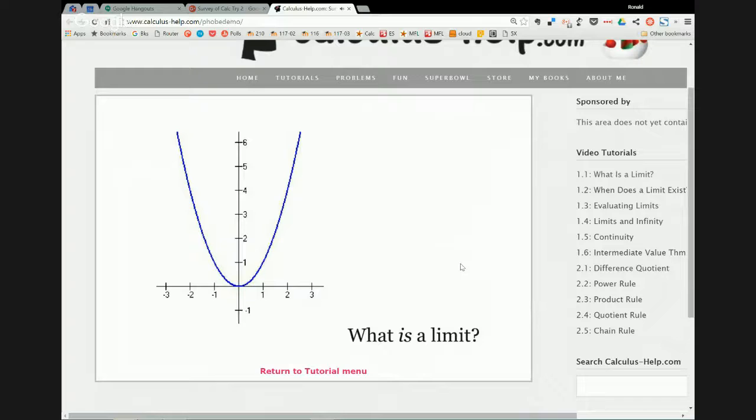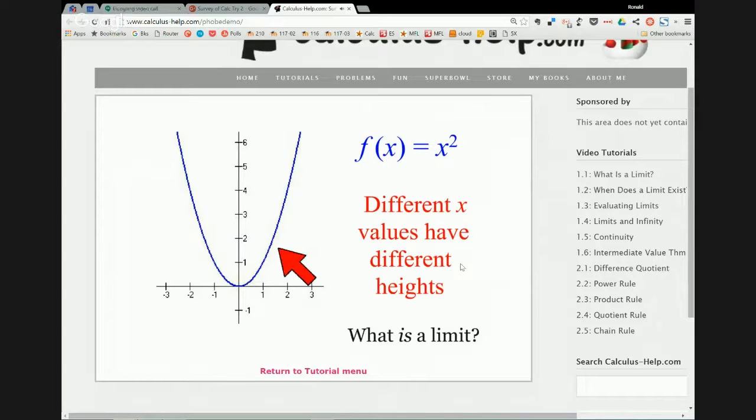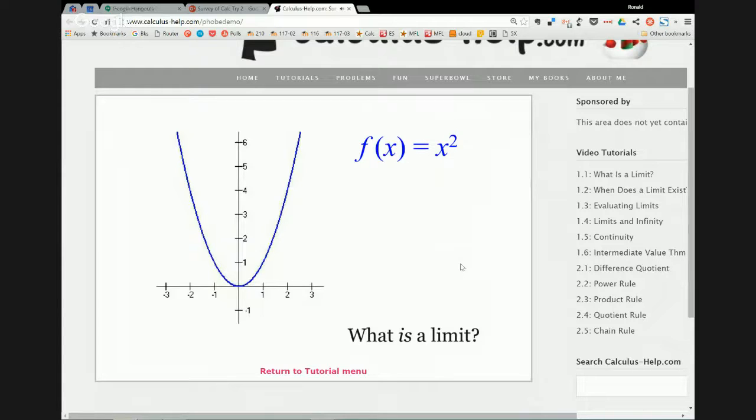Let's start with a very simple function graph. What I have here is the function f of x equals x squared, a basic parabola. You'll notice that the function changes heights all throughout its domain. That's a very fancy way of saying that the function reaches many different heights based on whatever the x value you're looking at happens to be. For example, what if I look at the function height that corresponds to x equals 2? Well, it's not very difficult to figure out exactly how high that function is going to be when x equals 2, because all I have to do is plug that x value into the function.